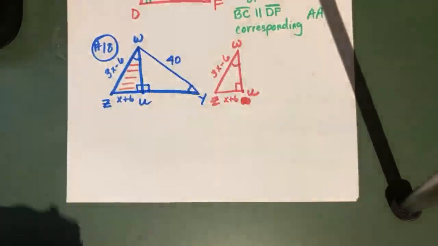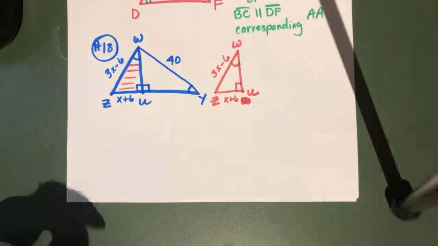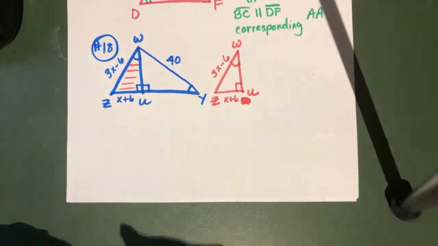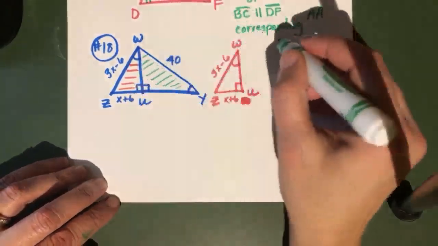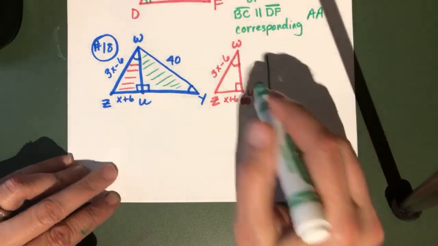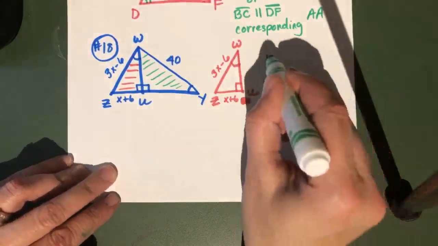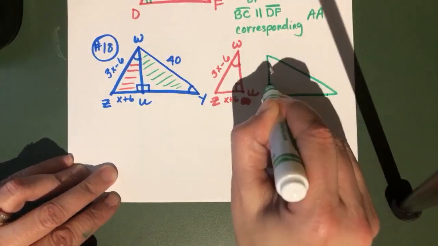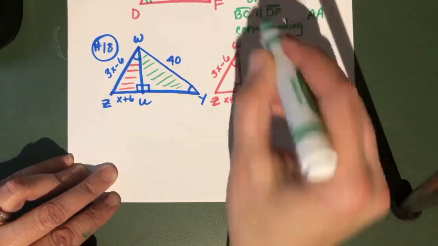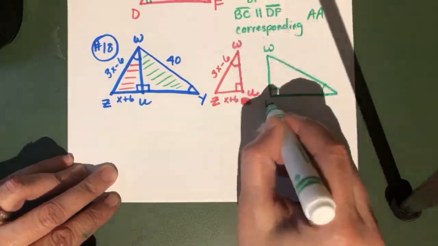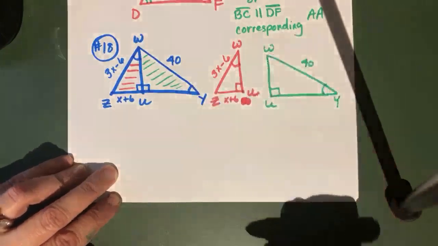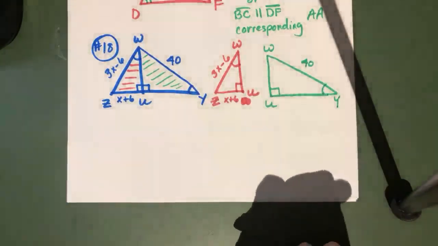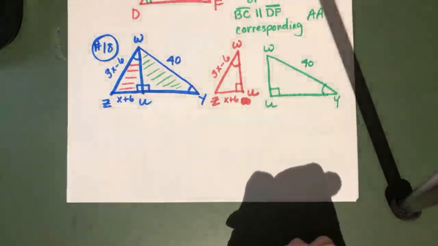Okay, I'm going to split them apart. Now I'm going to draw the second triangle for you. Okay, the second triangle is this one. So I'm going to pull that one out, draw it over here. And we've got W, U, Y, and that's 40. Okay. So the idea is to identify the similar triangles.